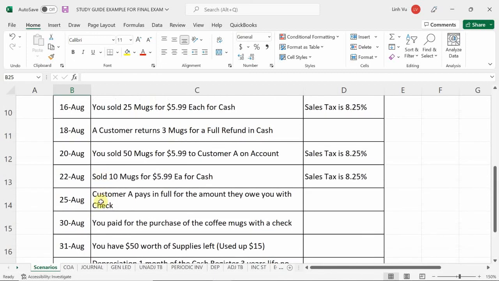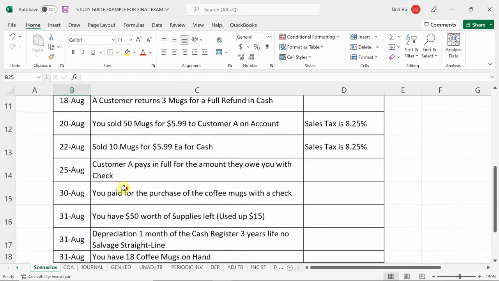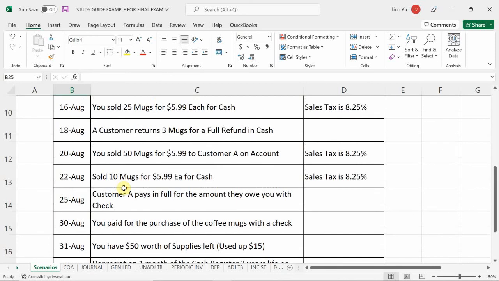So let's see. We're going to do this one last transaction because the last two are surely adjustment entries, and we've got to take a break soon. So let's just do the 25th here.